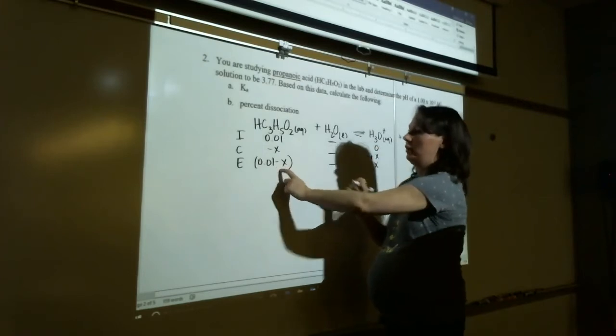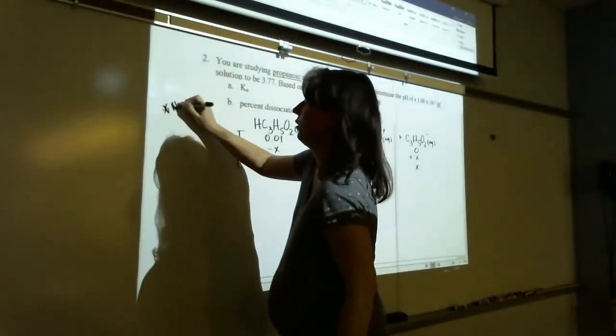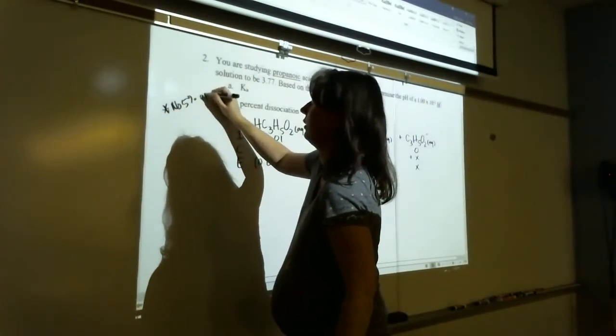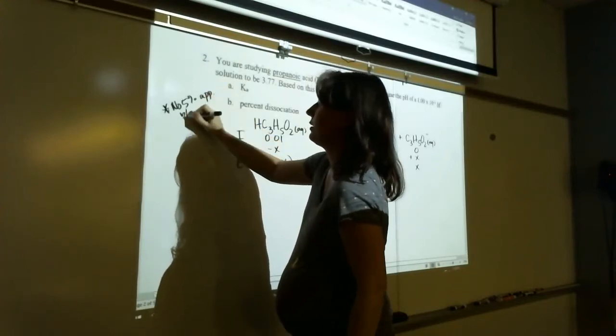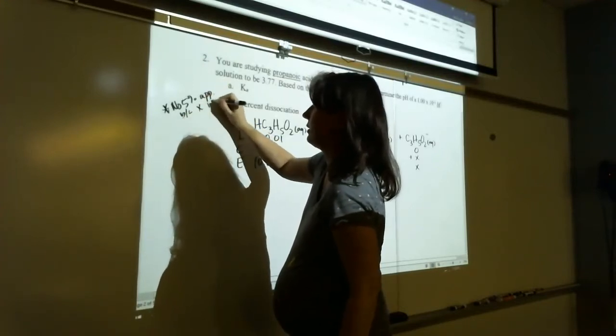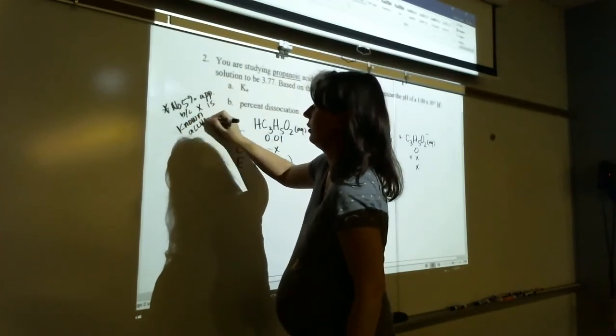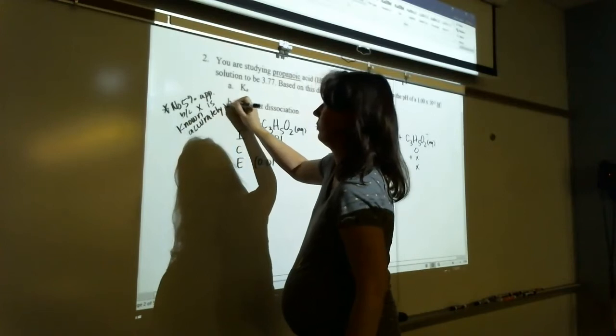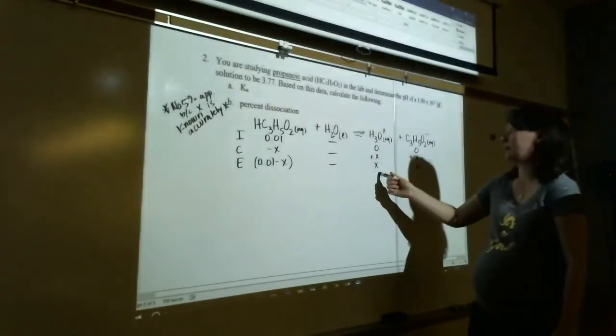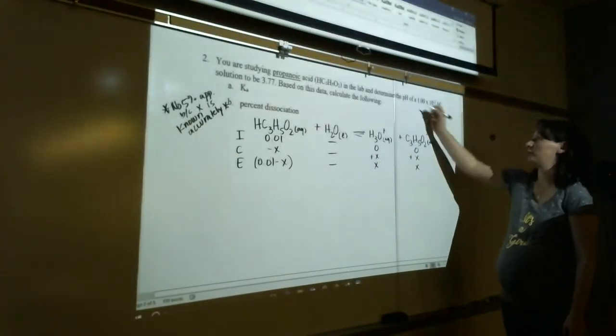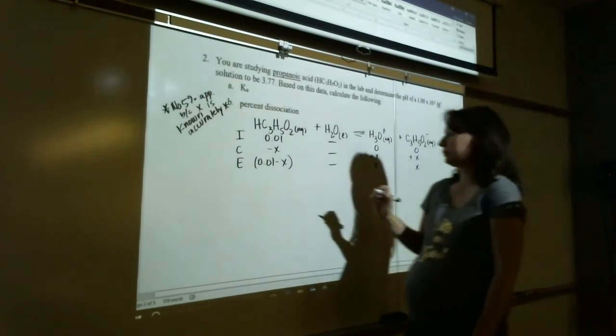We don't make the 5% approximation here, right? We do not. No 5%, because x is known accurately. And how do I get x? Well, the problem tells me the pH, right?